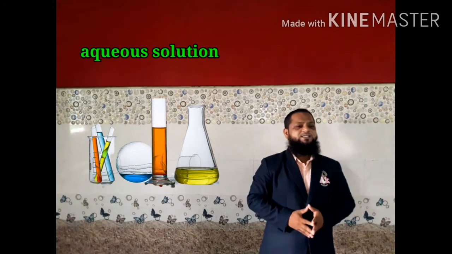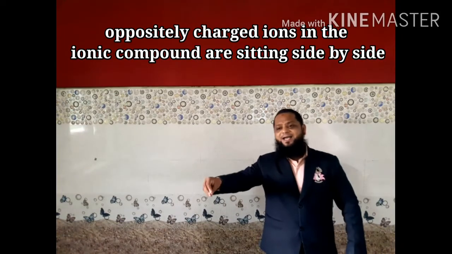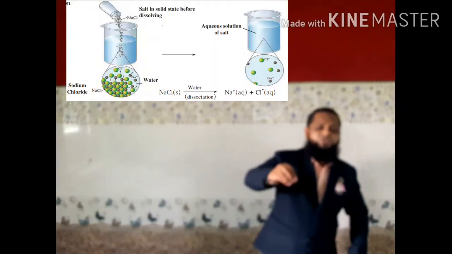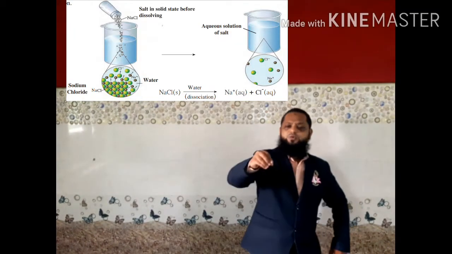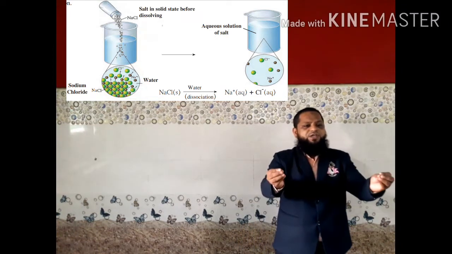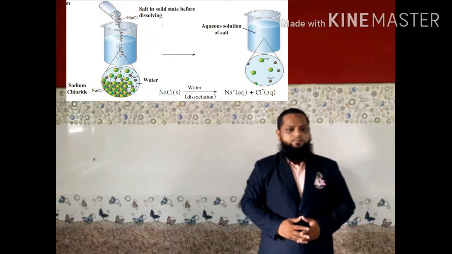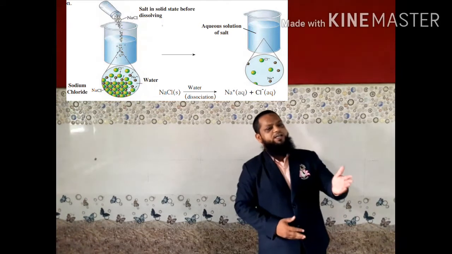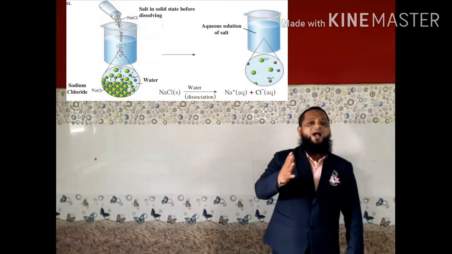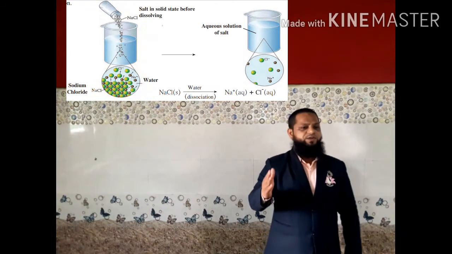In the solid state, the oppositely charged ions in the ionic compound are sitting side by side. When an ionic compound begins to dissolve in water, the water molecules push themselves in between the ions of the compound and separate them from each other. That's why the ionic compound dissociates while forming an aqueous solution, as shown in the figure.